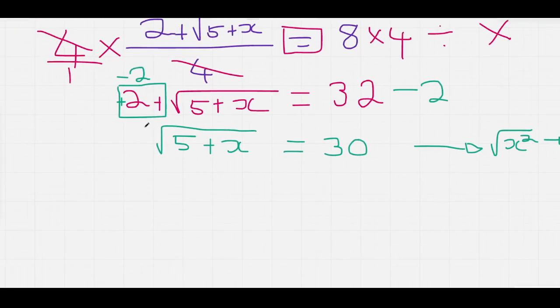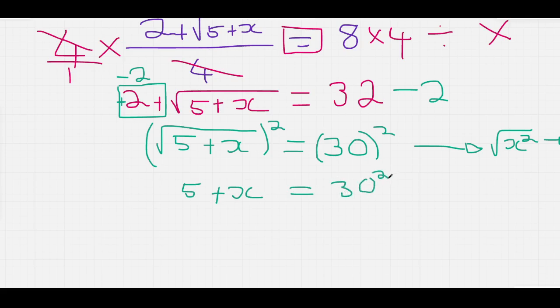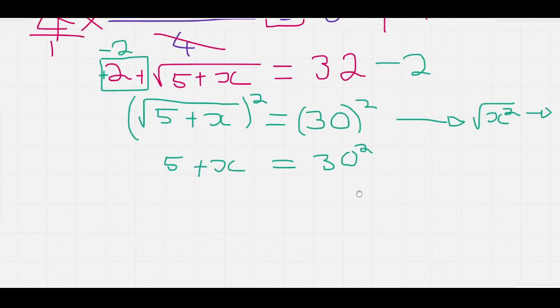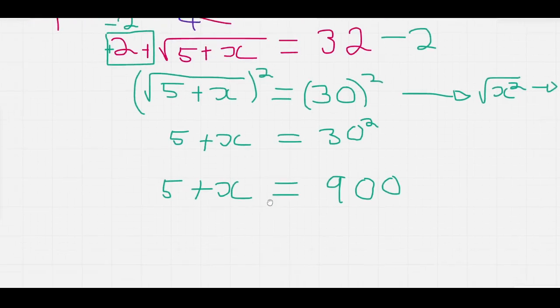So all I do is I'm going to square this side, I'm going to square this side, and now I have 5 plus x equals 30 squared. We can calculate this as 900, and now I have 5 plus x equals 900.